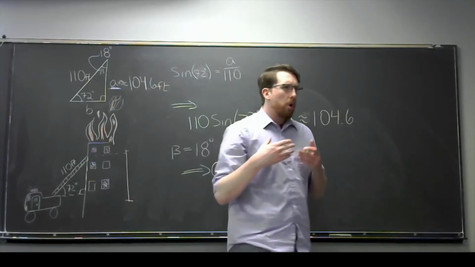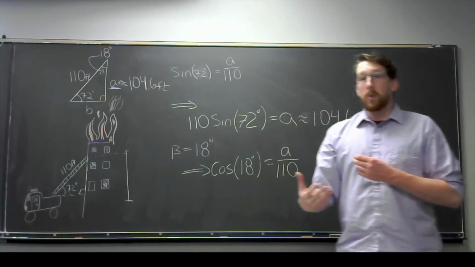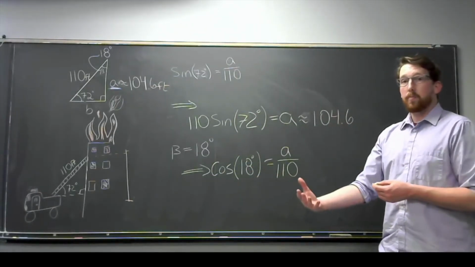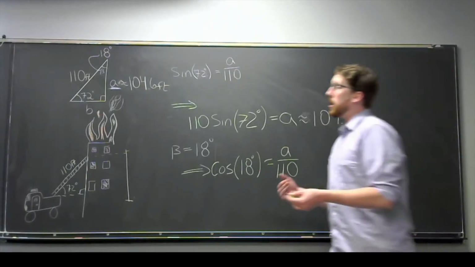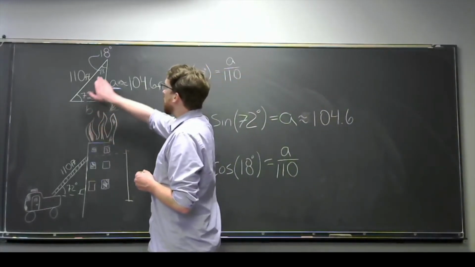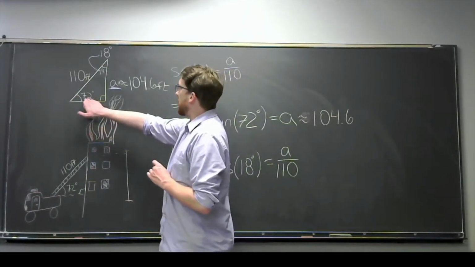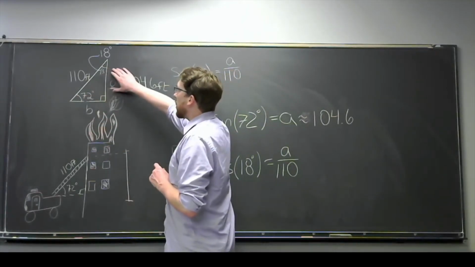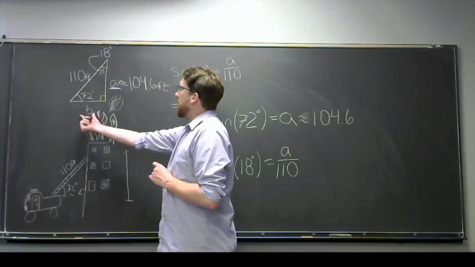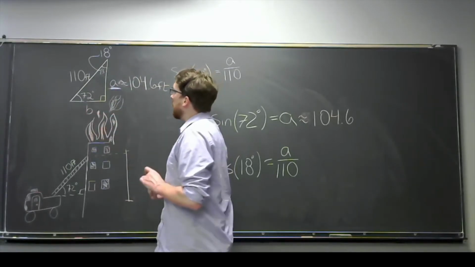So remember, which side you call opposite and adjacent depends on which angle you're using. With this angle, the 72 degrees angle, A is our opposite side, and B is our adjacent side.